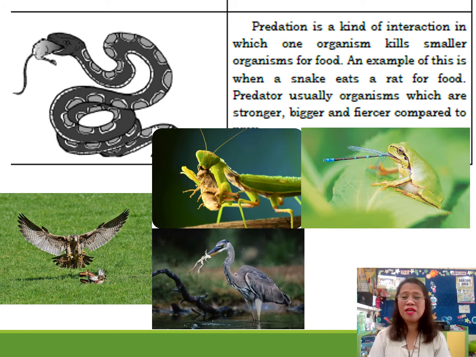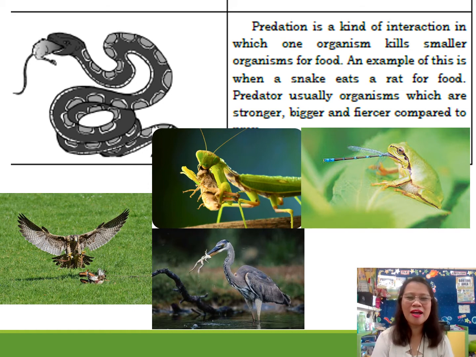Predators are usually organisms which are stronger, bigger, and fiercer compared to the other organism. So the worms and the caterpillars serve as food. The lower or smaller animals serve as food for bigger animals.